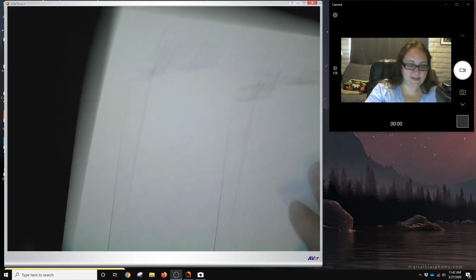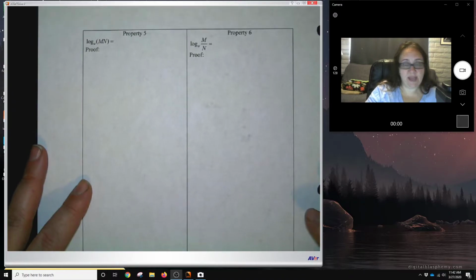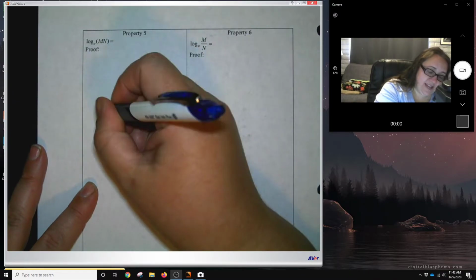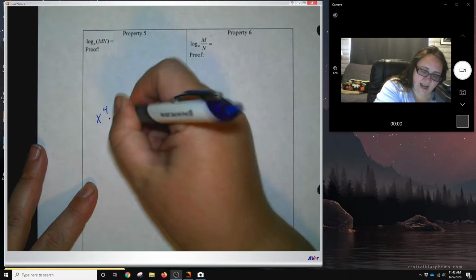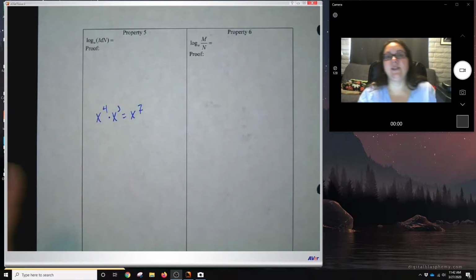So our next log property is another exponent rule. Remember, the exponent rule is that when I have the same base, like x to the 3rd times x to the 4th, I keep the base and add the exponents. The exponent rule is that when I multiply, I add.